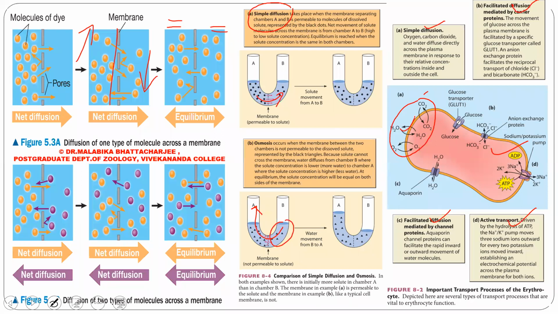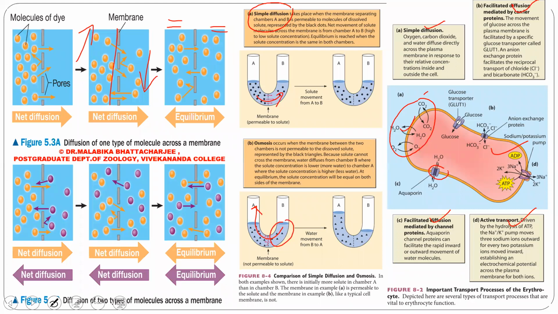Next, I just mentioned that there are small aqueous channels present on the plasma membrane. These aqueous channels are called aquaporins. They are protein channels present on the plasma membrane, and they are specific for water. Through these protein channels, water can easily enter the cell.